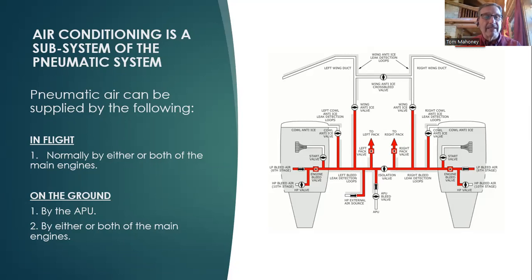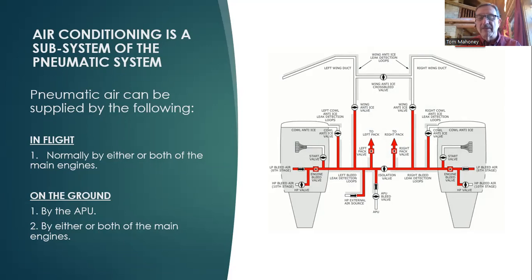So in flight, pneumatic air is normally supplied by either or both of the main engines. On the ground, it is normally provided by the APU bleed air or bleed air coming from either or both of the main engines.